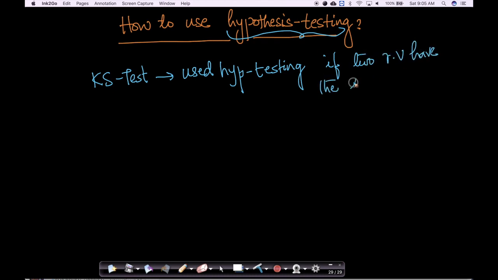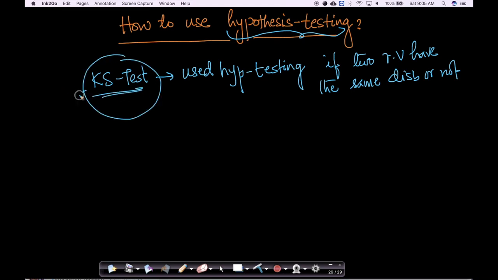This is what the KS test is, and it is an application of hypothesis testing itself, as far as comparing two distributions is concerned.